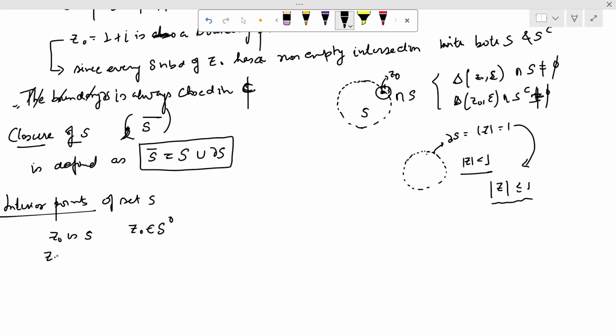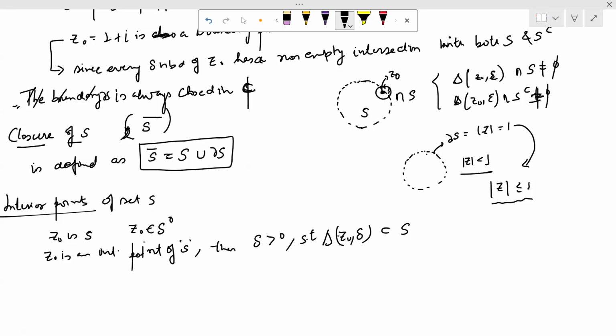If Z naught is an interior point of set S, then there must exist some neighborhood of radius greater than 0 containing the point Z naught such that it is contained in that set S.